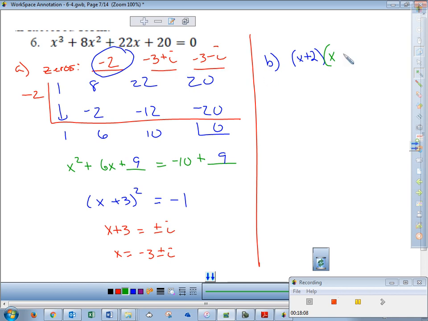All right, so x plus 3 minus i. And then the last one, the opposite of both of those guys with an x. And you need to squeeze an equals 0 on that puppy also. Factored form. Cool.